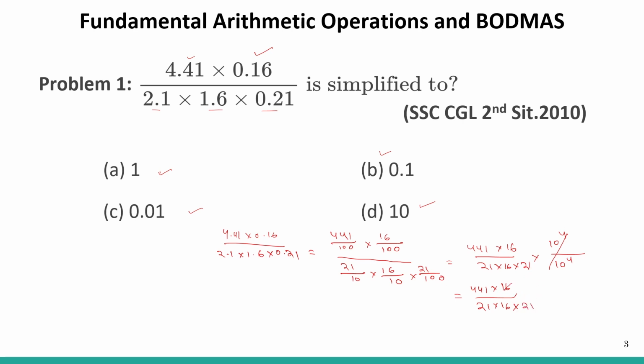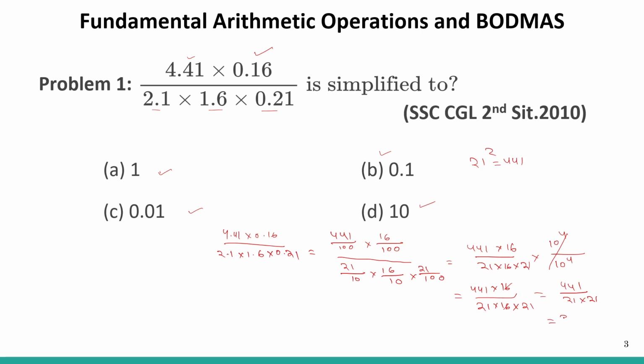As you can see, 16 can be cancelled in the denominator and numerator. The simplified form is 441 whole by 21 into 21. If you remember, 21 square is equal to 441, so we can cancel the numerator and denominator.